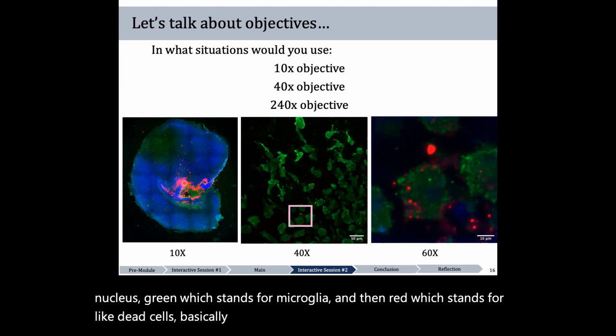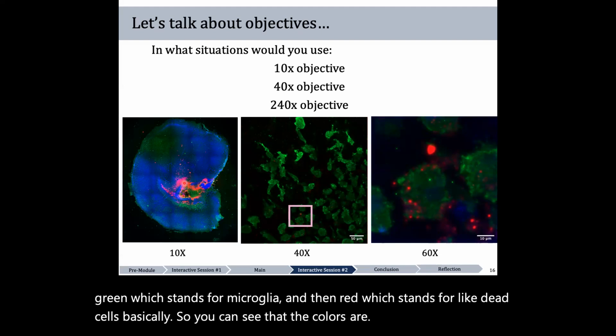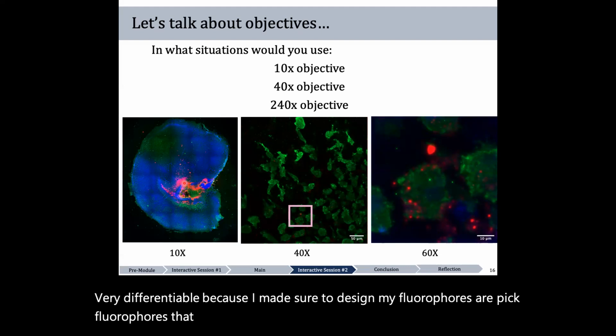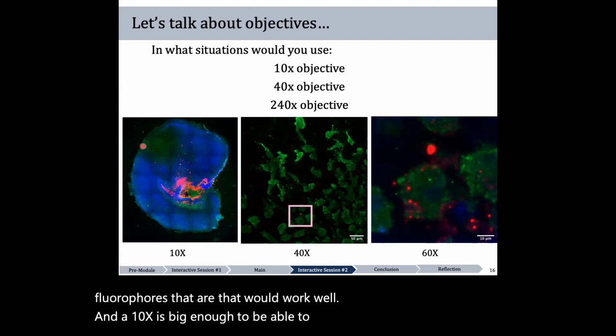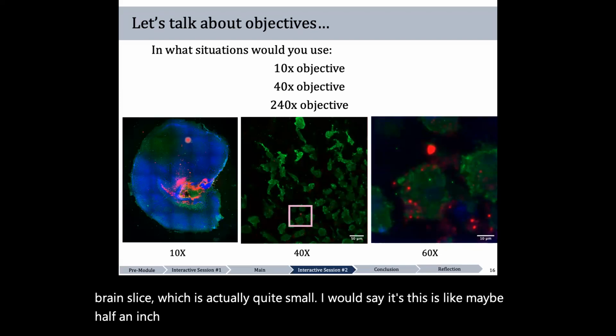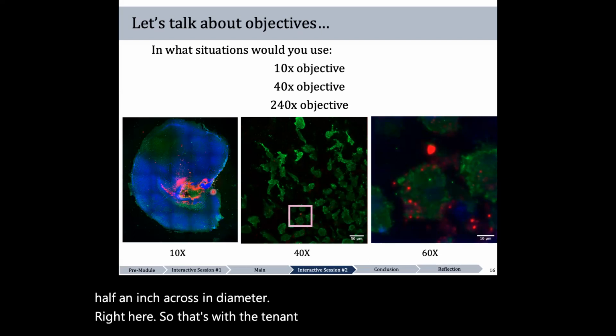So you can see that all the colors are very differentiable because I made sure to pick fluorophores that would work well. And a 10x is big enough to be able to measure one hemisphere of the brain slice, which is actually quite small. I would say this is maybe half an inch across in diameter right here. So that's what a 10x is capable of.